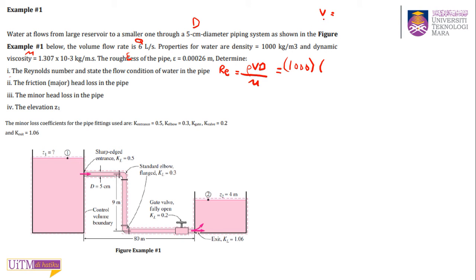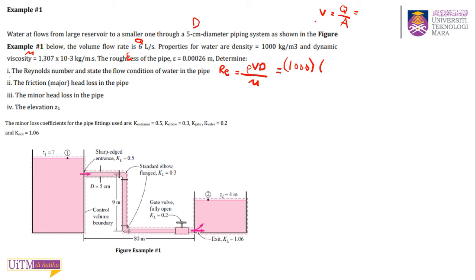From what equation? From Q, sir. Correct. Q equals AV. So V is Q over A.